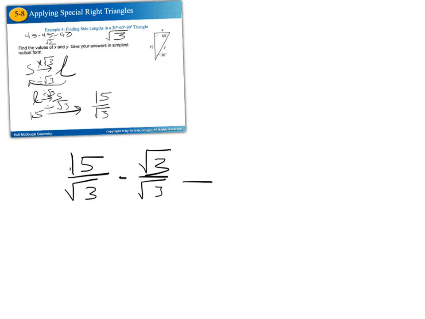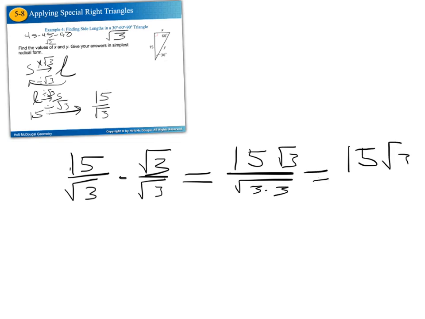So when you multiply things over, you have 15 square root of 3 over square root of 3 times square root of 3. Since I have two square roots, I can put the 3's inside the same root to save some time. This becomes 15 root 3 over square root of 9, since 3 times 3 becomes 9.